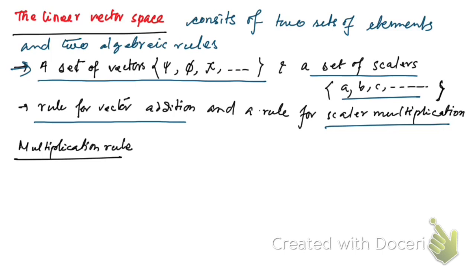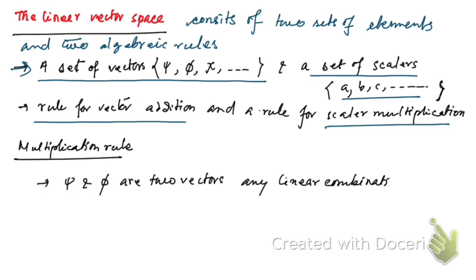So here, if we consider psi and phi, two vectors of the vector space, any linear combination, suppose we have A into psi plus B into phi, is also a vector.